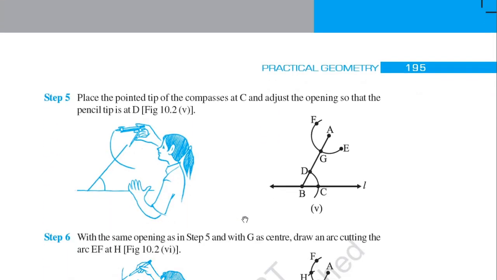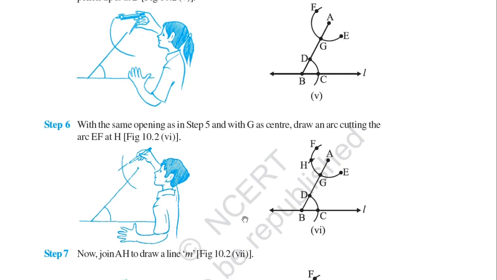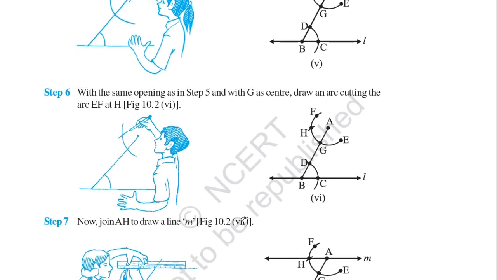Step 5, place the pointed tip of the compass at C and adjust the opening so that the pencil tip is at D. Now step 6, with the same opening as in step 5 and with G as center, draw an arc cutting the arc EF at H. You can see it in 10.26. Very easy.